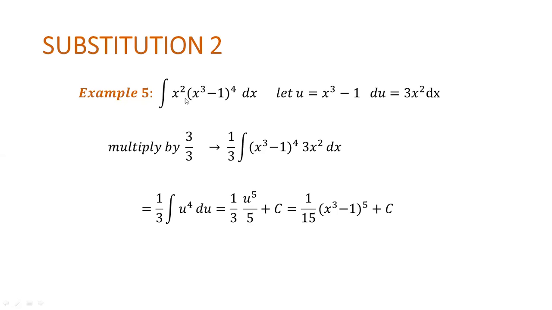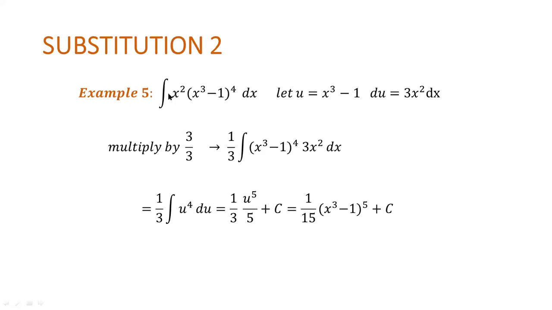So the 15 here is this one. Without the use of substitution, class, you will have to expand this, and multiply the expansion by x squared. But the beauty of this is, if you can see that the derivative of the thing inside the parentheses is found together with it, like in this case, the derivative of x cubed minus 1 is 3x squared.